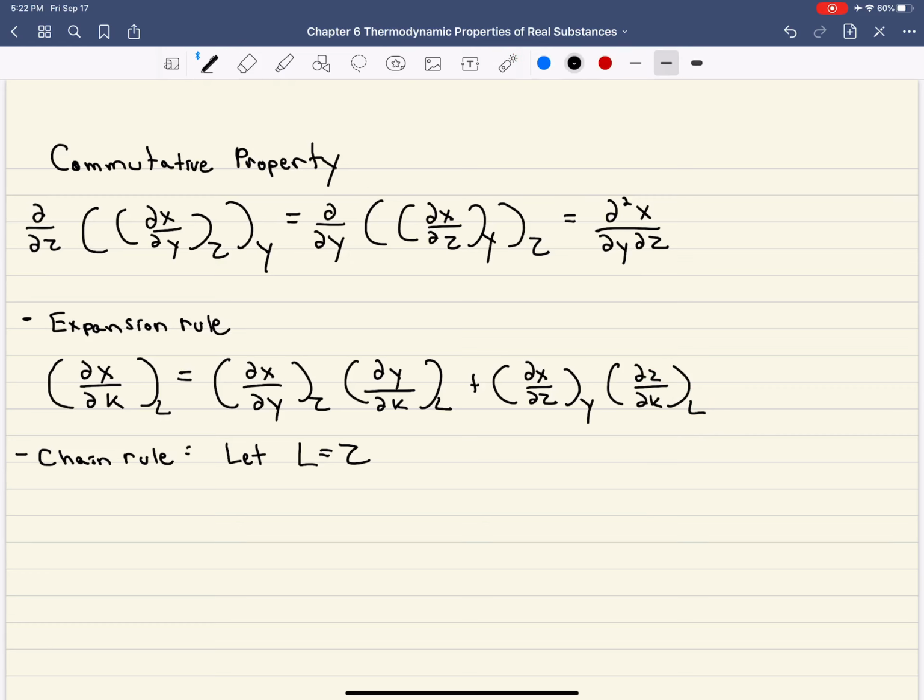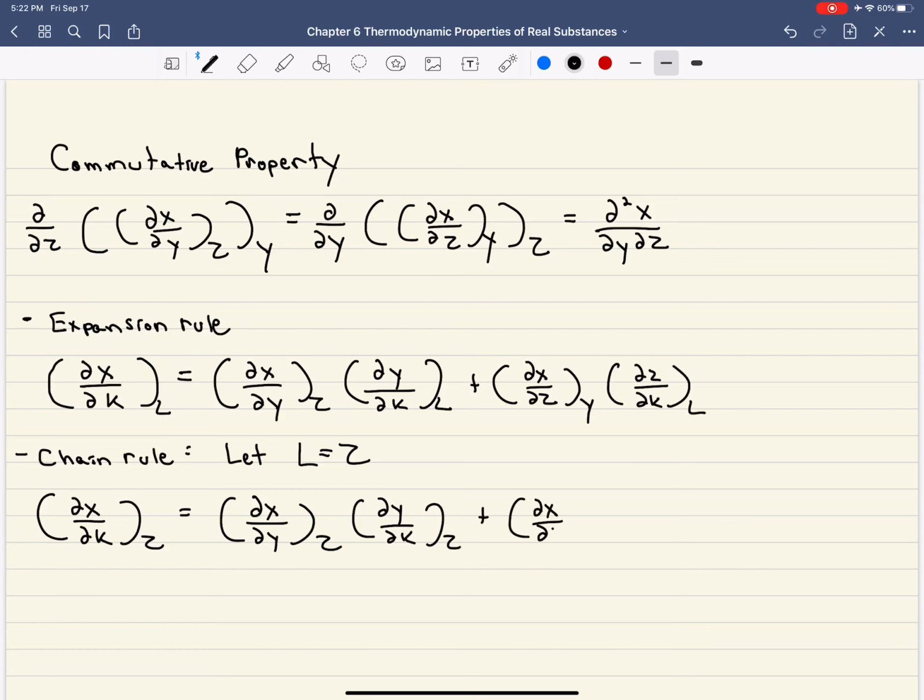And so if we rewrite the expansion rule following this new constraint, what we have is dx dk at constant z is equal to dx dy at constant z, dy dk at constant z, plus dx dz at constant y, and then dz dk at constant z.